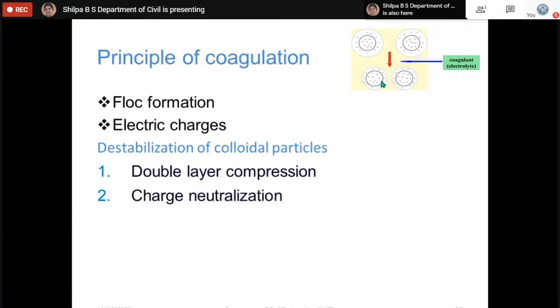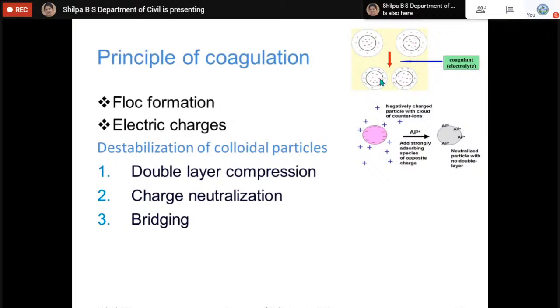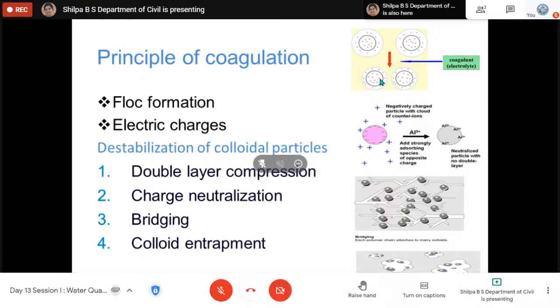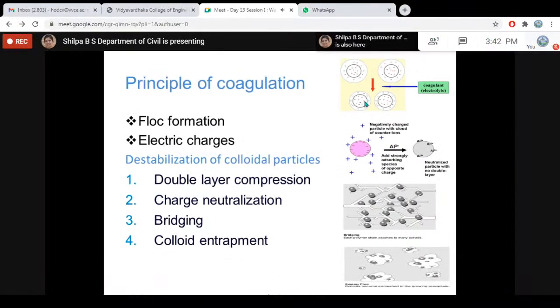Because of the variations in the charges, charge neutralization takes place. Then bridging happens between these particles, so they get attached to each other, and then colloidal entrapment takes place.